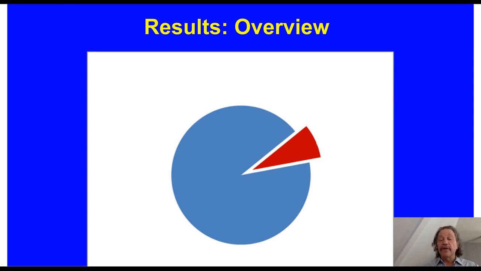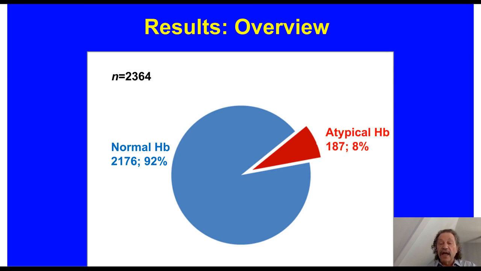A brief overview of the results. There were 2,364 individuals who had hemoglobin A1c measured during that month. This was normal in 92%, and atypical hemoglobins were seen in 187 people, or 8% of the population.